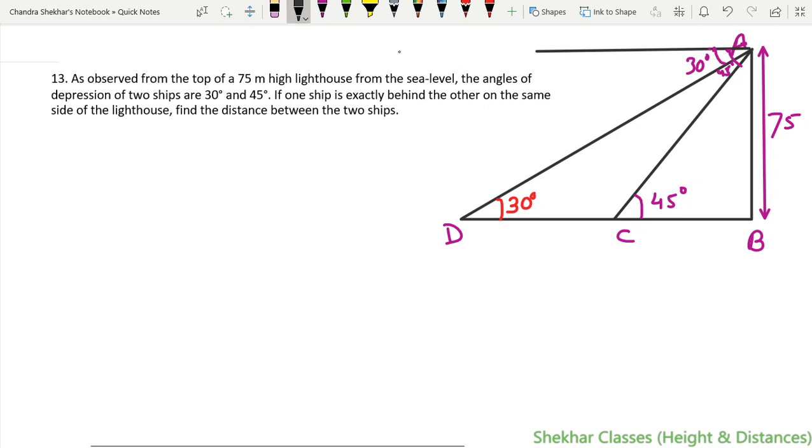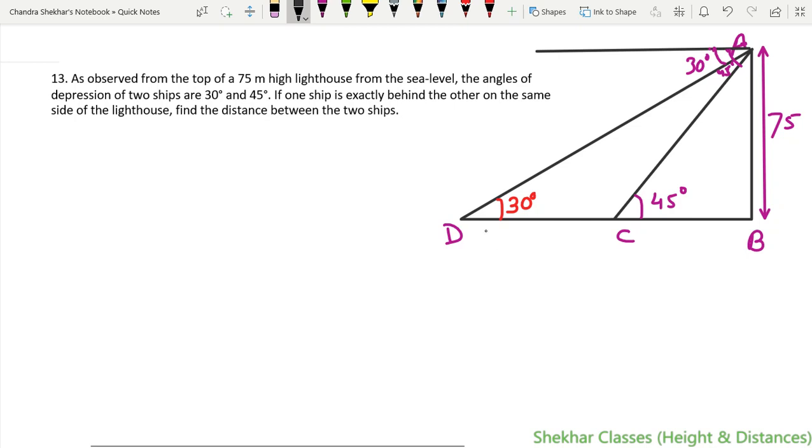What do we have to find? We have to find the distance between the two ships. This ship 1 is here at C, ship 2 is at D, the two ships here, C and D. So ship 1 at C and ship 2 at D. We have to find the distance between the two.